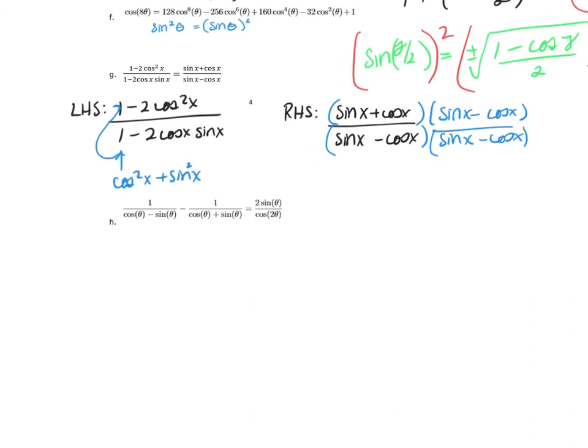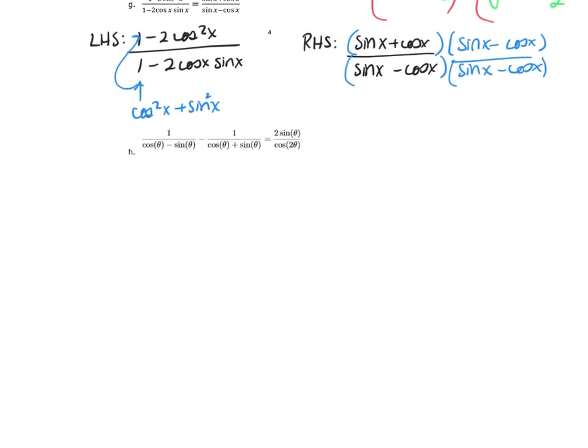Let's take a look at h. With h, we want to find a common denominator. If I choose the left-hand side, I have 1 over the cosine of theta minus the sine theta, minus 1 over the cosine theta plus the sine theta.